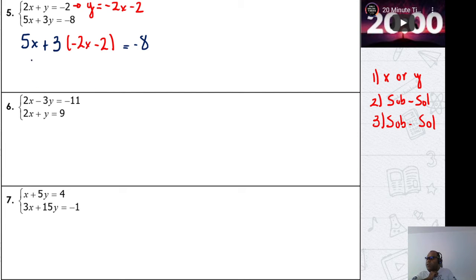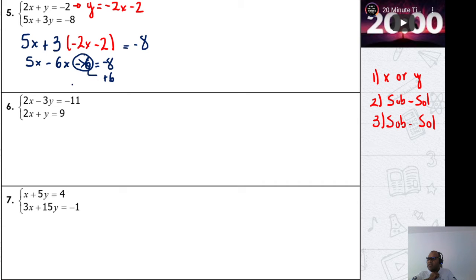Combine like terms over here. It is 5x, 3 times negative 2x, negative 6x. 3 times negative 2, negative 6, equals negative 8. Combine like terms and move the variable. You move negative 6 by its opposite, positive 6. And 5x minus 6x is just negative x.